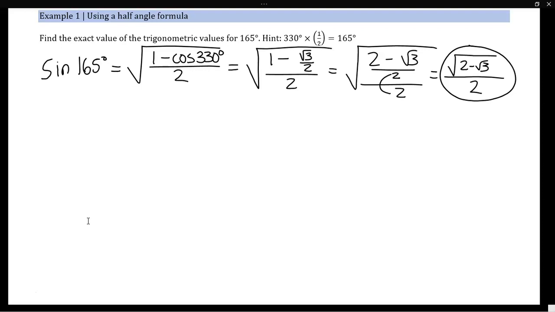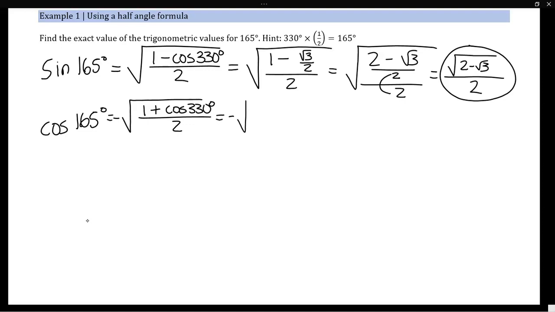For cosine, the cosine of 165 degrees is basically the same formula except for a plus, so 1 plus cosine 330 degrees, divided by 2. In this case it's going to be negative because in quadrant 2 cosine should be negative, so we're going to have minus the square root of 1 plus the square root of 3 divided by 2, all divided by 2.